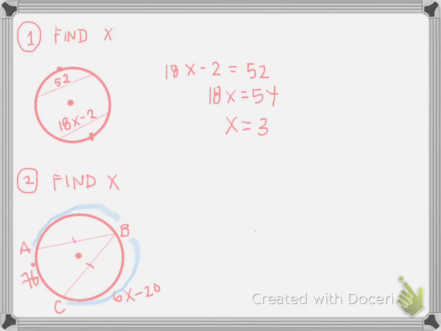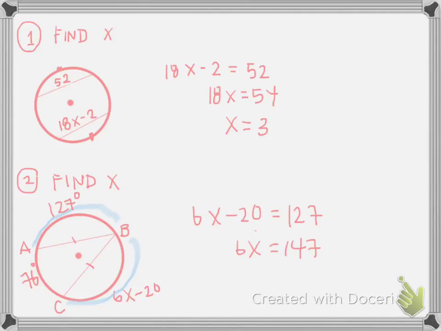So AB and BC are going to be a total of 284. Divide that by 2. So that is what, 127? Is each one. So that means 6x minus 20 is going to be equal to 127. So 127 plus 20 will be 147, and then that divided by 6. Oops, can I count?